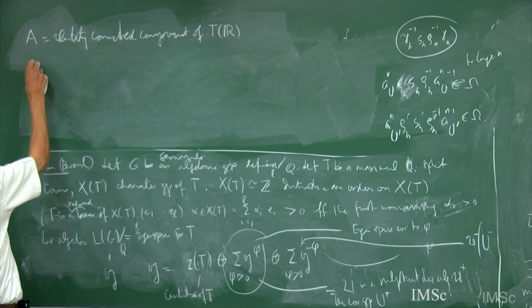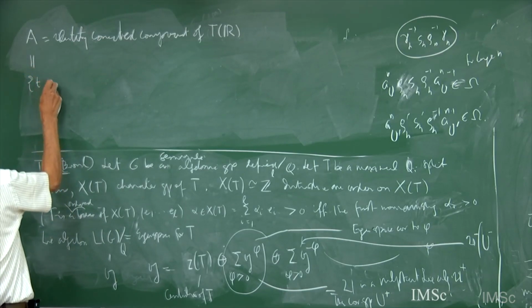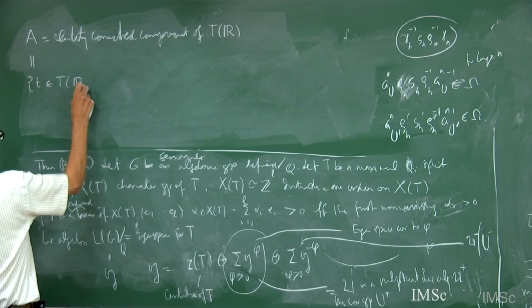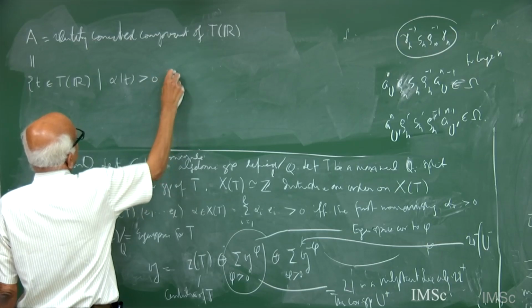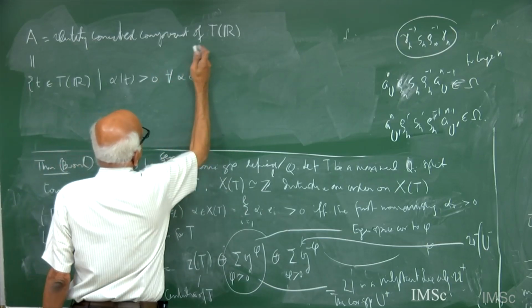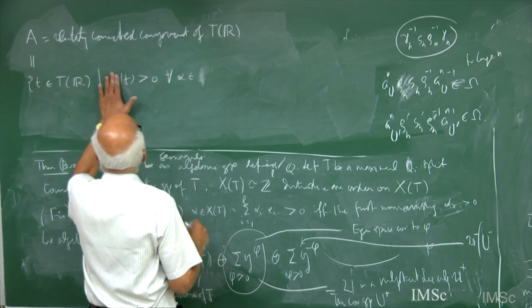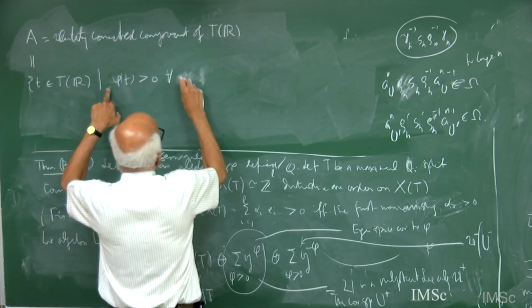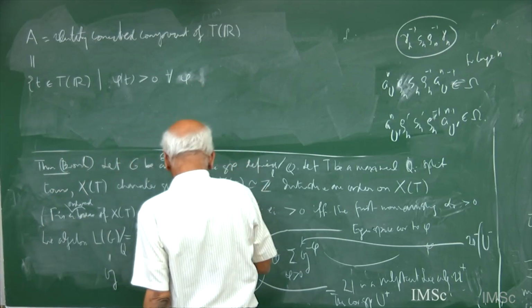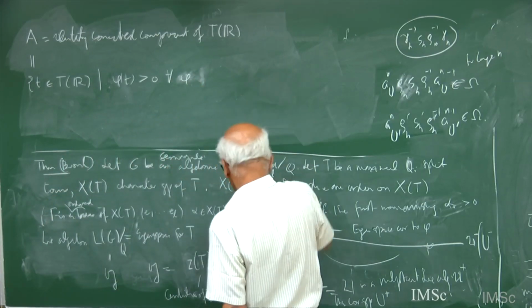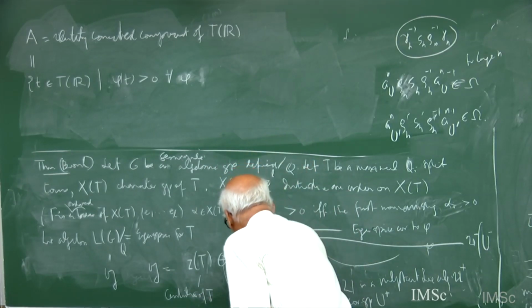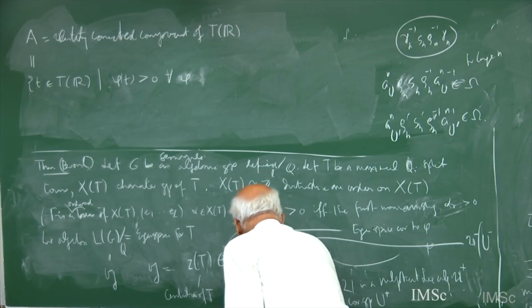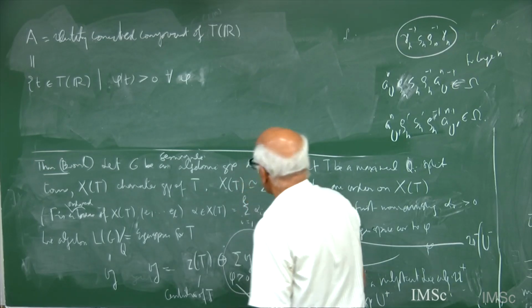This can be characterized as the set of elements t in TR such that alpha of t is greater than 0 for every phi. These phi are called K roots, or Q roots. So what, for every Q root?